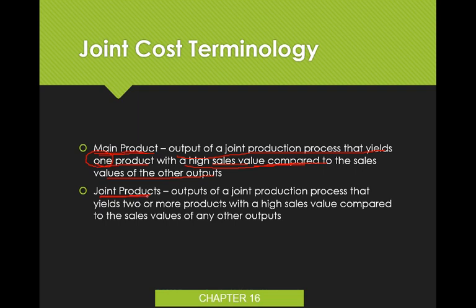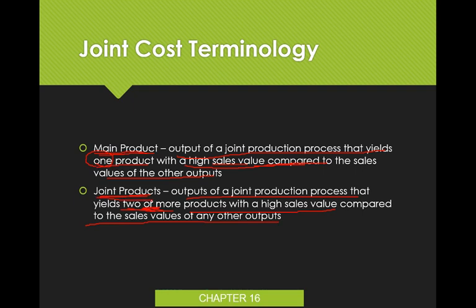If we have outputs of a joint production process that yields two or more products with high sales value compared to the sales value of any other outputs, then we call these products joint products.